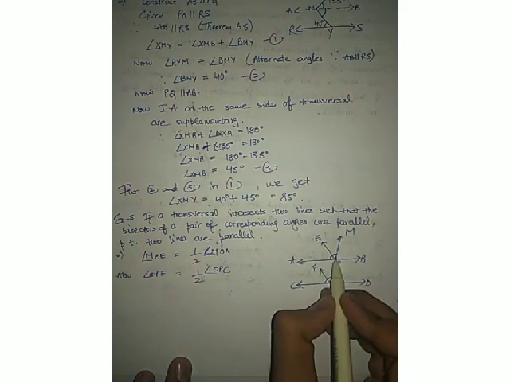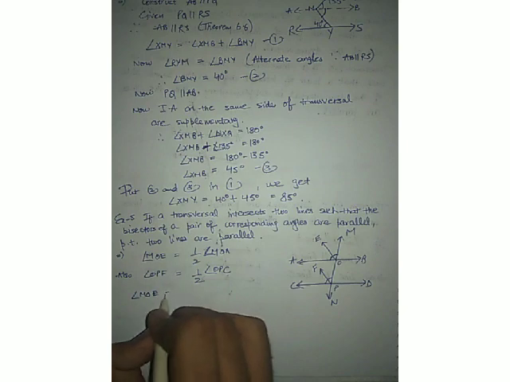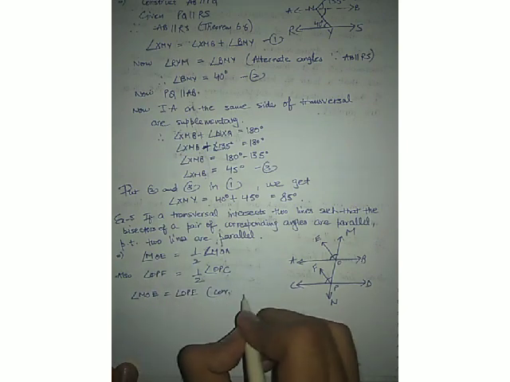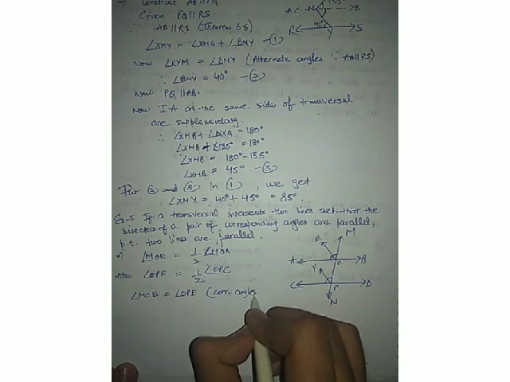Omit AB and CD, so the diagram will be MN, EO produced backwards, FP produced backwards, so these will be the corresponding angles. Okay, so angle MOE is equal to angle OPF. Why? Due to the corresponding angles axiom.